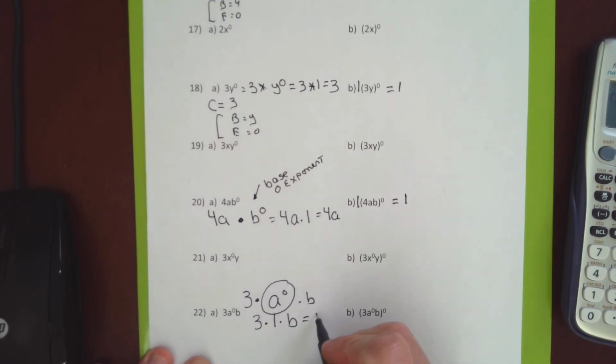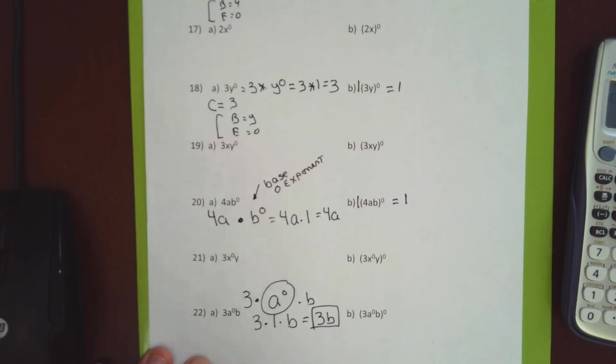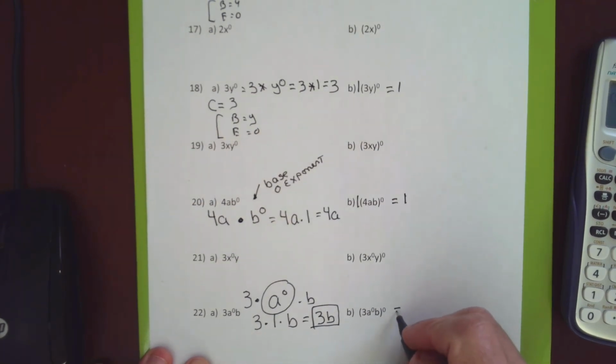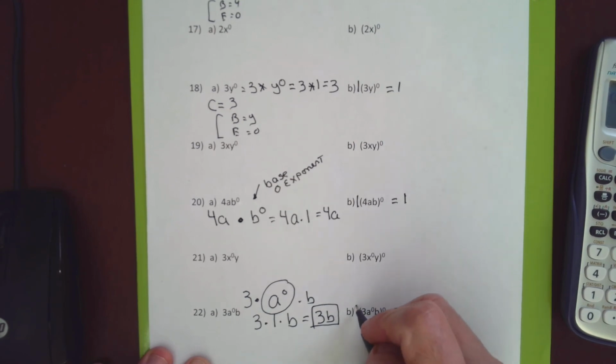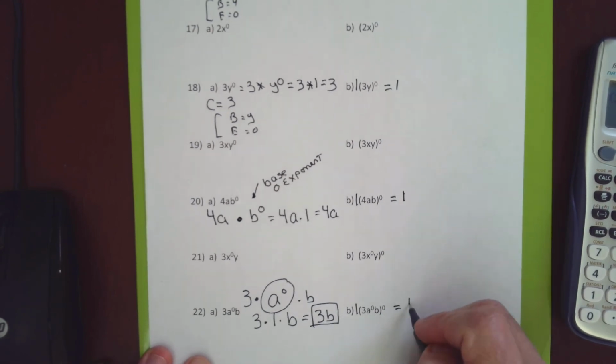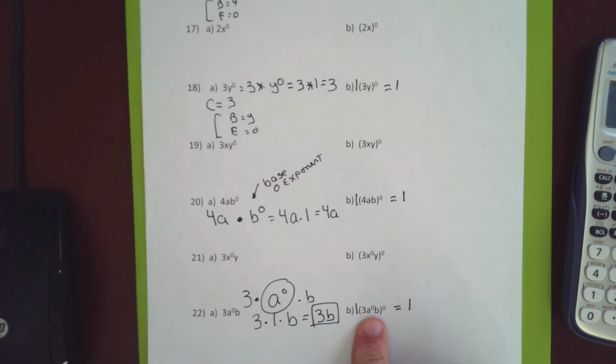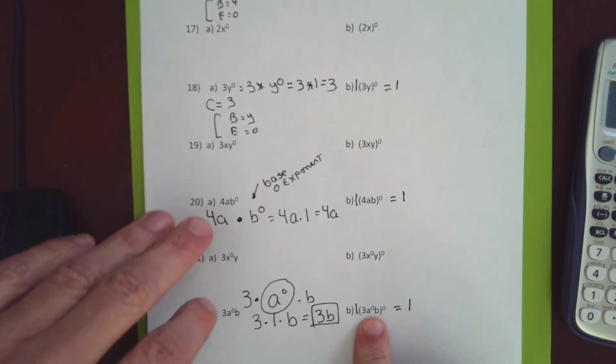I multiply the 3 and the 1 and I leave the b. The answer to that is going to be 3b. Part B of 22, I don't care what's inside a parentheses. If there's a parentheses with a 0 exponent with an implied coefficient of 1, that whole thing equals 1, even if there was adding or subtracting inside the parentheses.